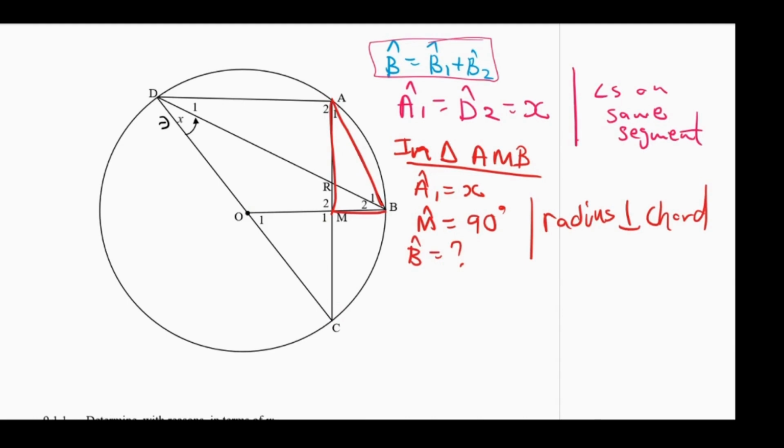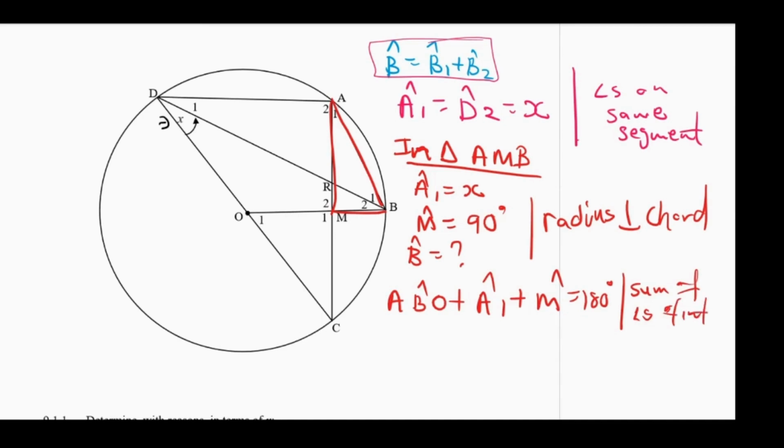So which you can write as ABO plus angle A1 plus angle M is equal to 180 degrees. This is the sum of interior angles of a triangle. This is 90 degrees, and this is unknown, so we're going to leave it like that.